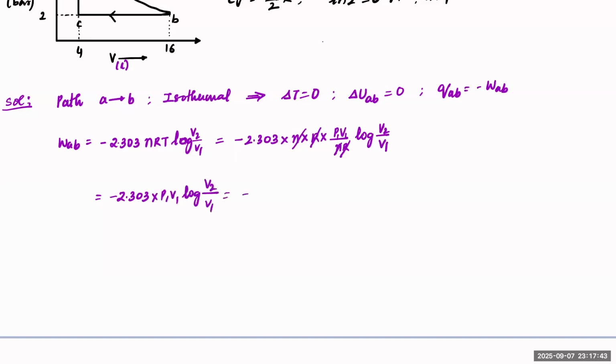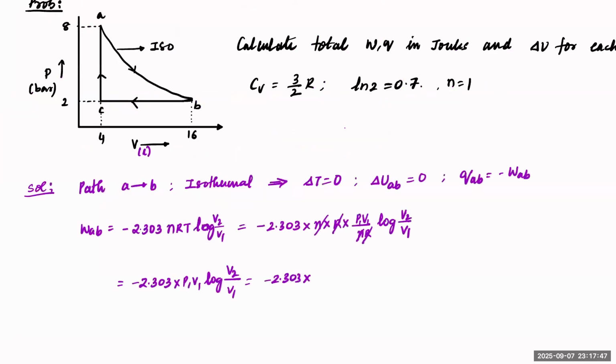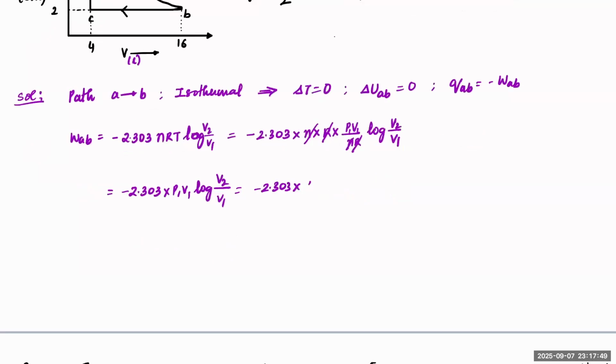So 2.303 into P1 V1. P1 is 8, V1 is 4. 8 into 4 into log of 16 by 4, which is minus 2.303 into 24 into log of 4. Log of 4 is 0.6.